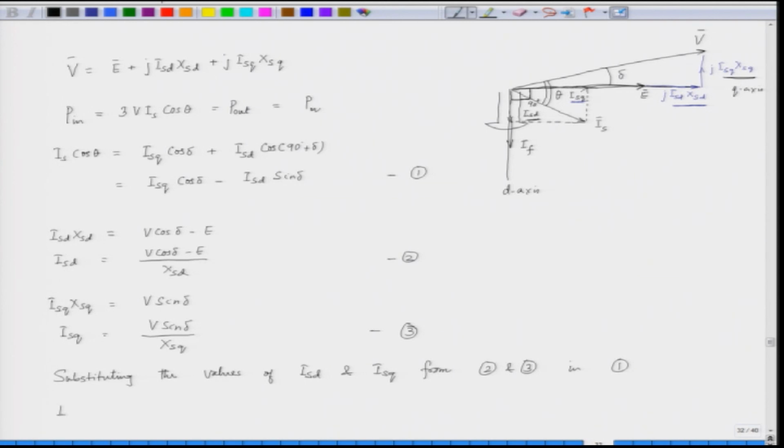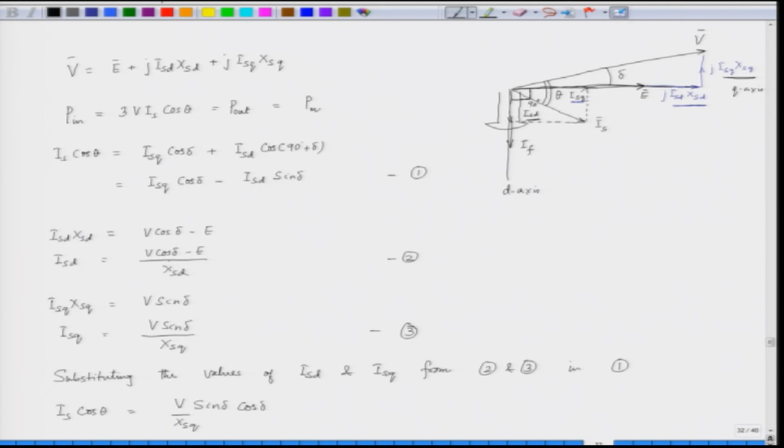What is Is cos theta? Is cos theta is Isq. Isq is V sin delta by Xsq. So, we get here V sin delta by Xsq into cos delta, and then minus Isd sin delta.